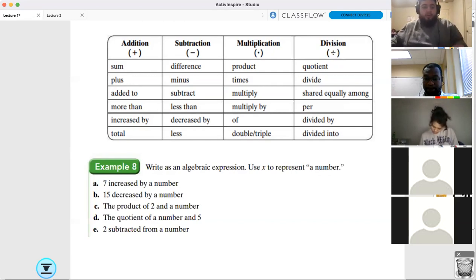Once you've done writing the chart, make sure you write down example 8, class. That's why I give you 5 minutes, to get the chart and example 8 written down.